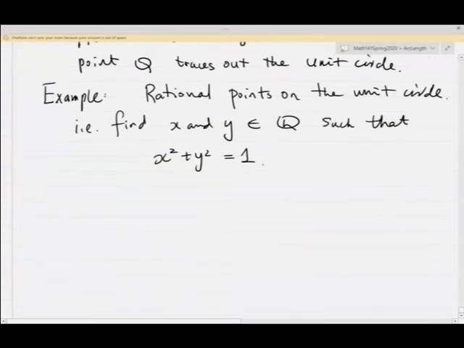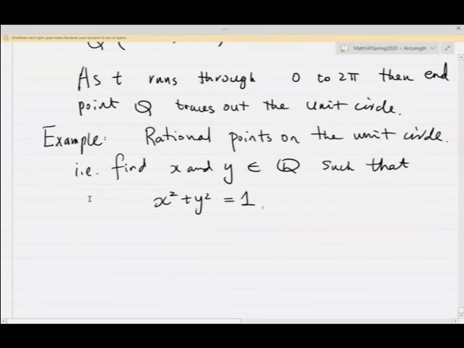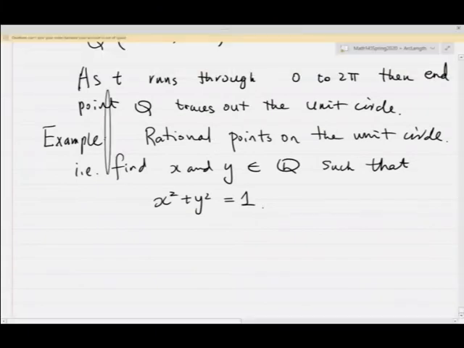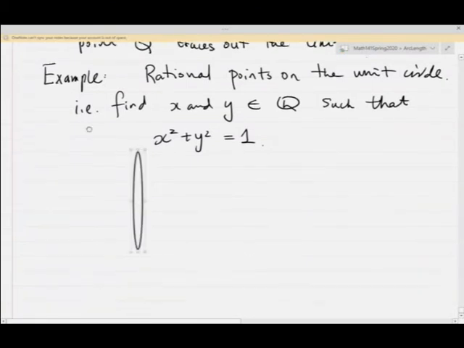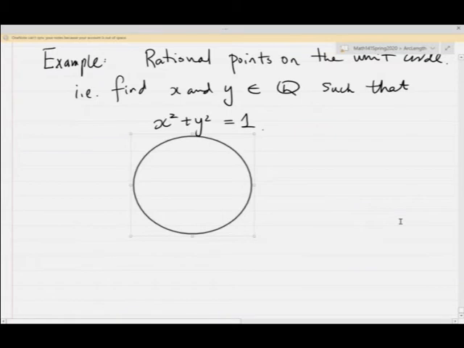The idea is the following: we find a rational point on the unit circle and then use the line intersection.